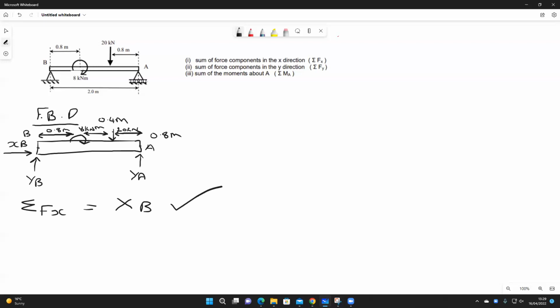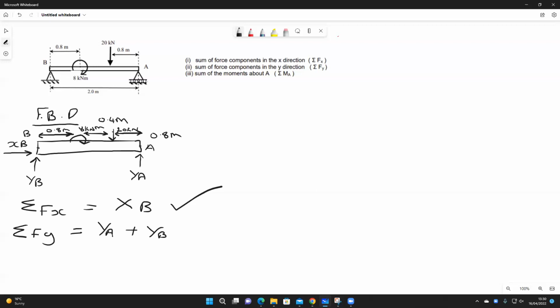So now we're working out the sum of the forces in the y direction. A little bit more tricky as we're dealing with a couple more forces, but the same principles apply. So the sum of the forces in the y direction, we've got YA plus YB. That's the first part.